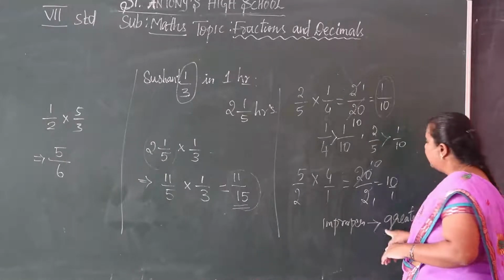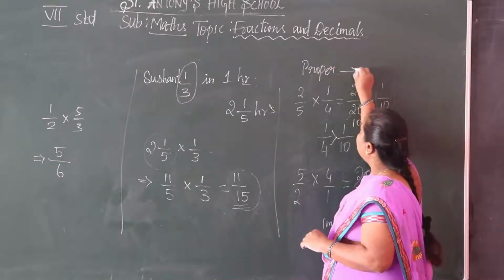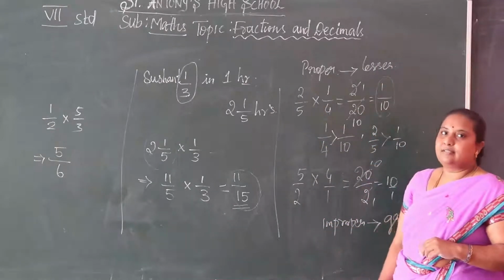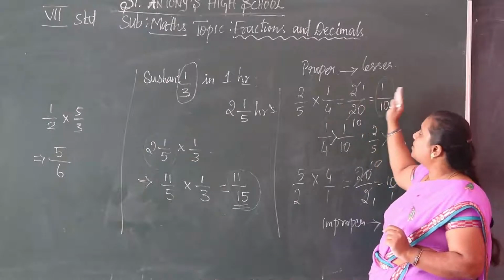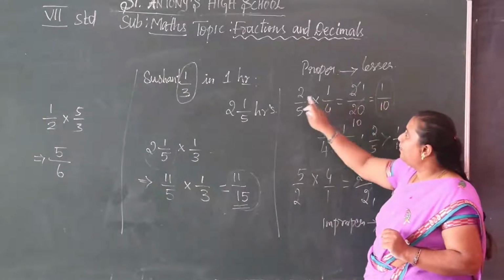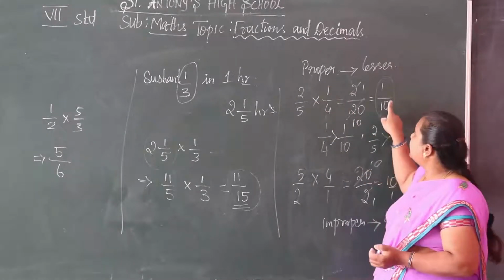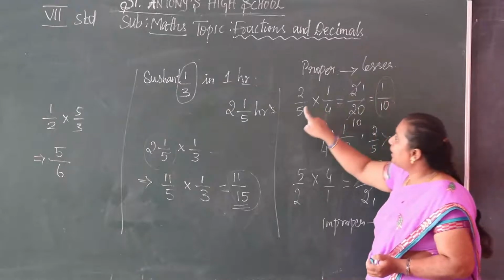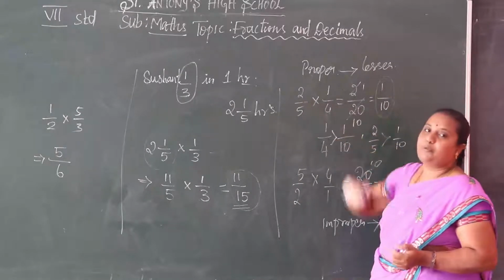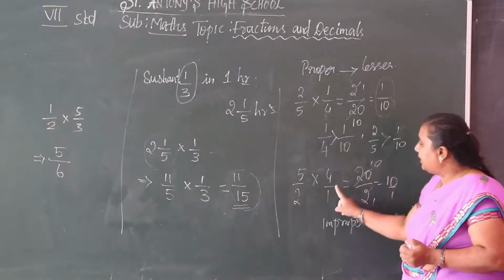When we take improper fractions, the value of the product is greater. When we take proper fractions, the value of the product is lesser than each of the fractions, not both, each. 1 by 4 is greater than 1 by 10, and 2 by 5 is greater than 1 by 10, so the product is less than each of the fractions.